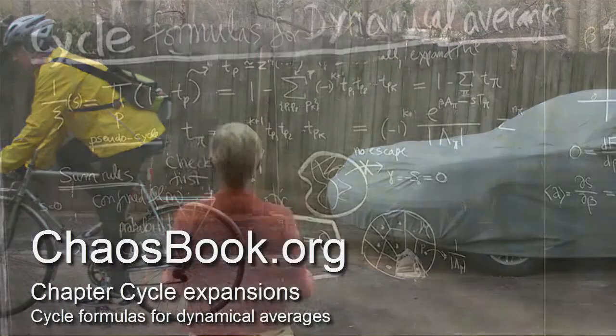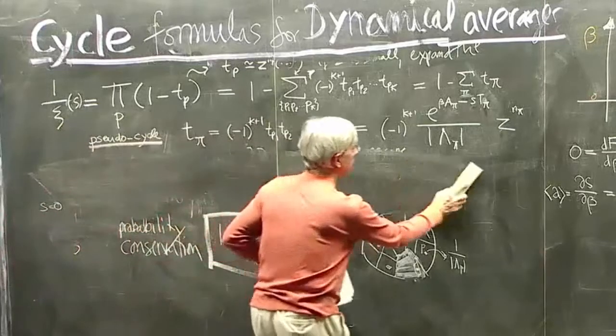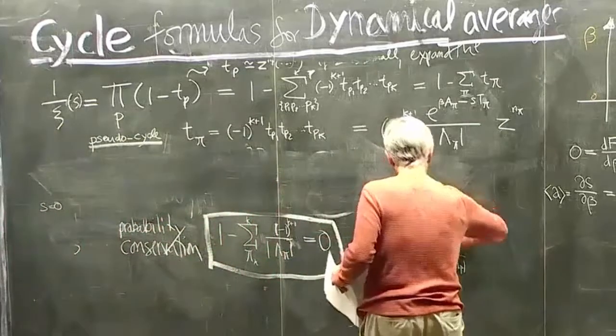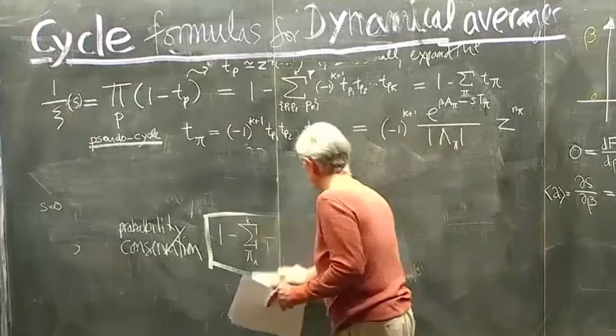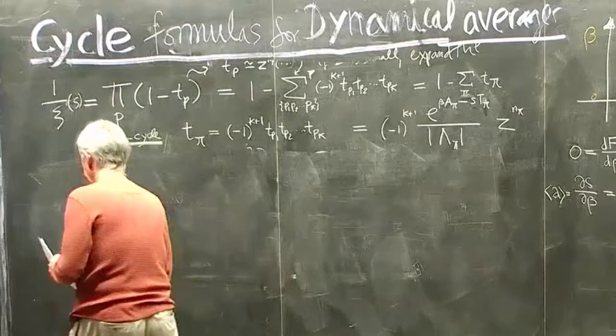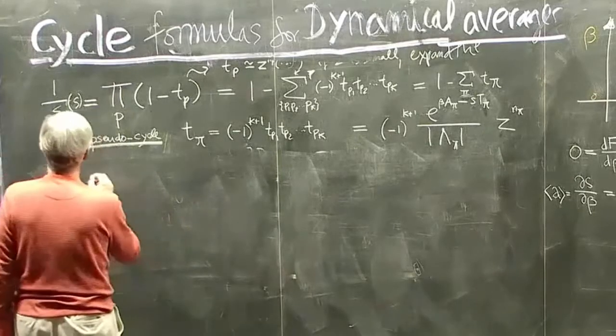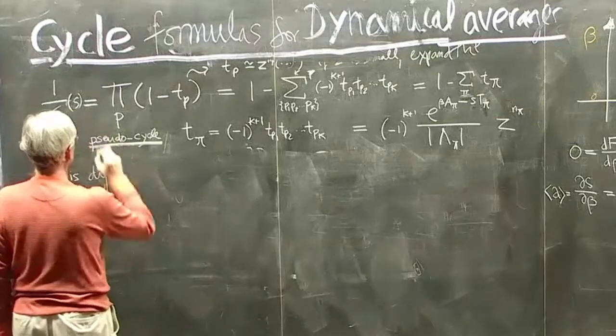So we have our formulas for pseudocycles still on the blackboard, so I can be very explicit. So let's just do it if f is dynamical zeta function.